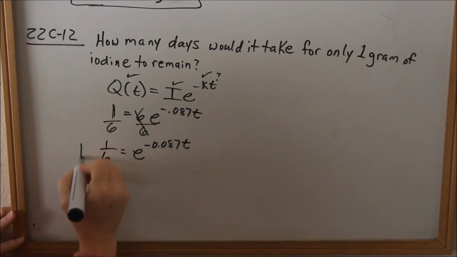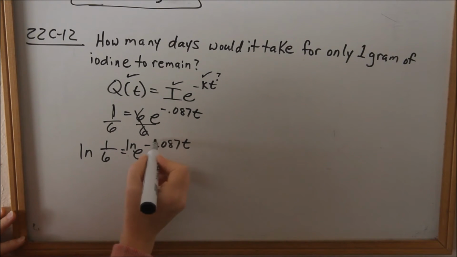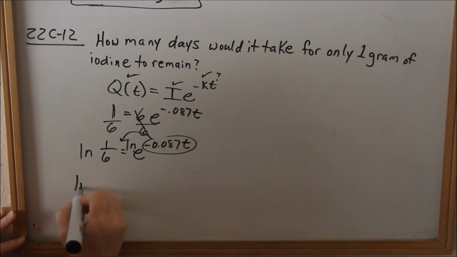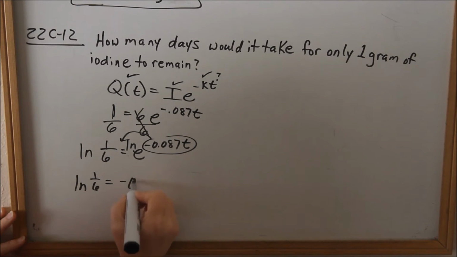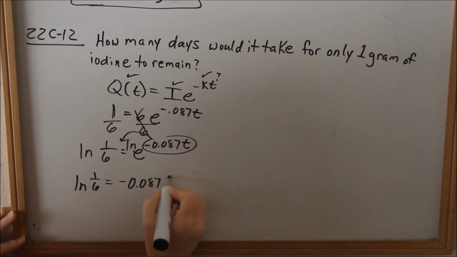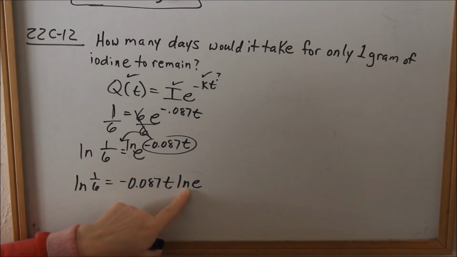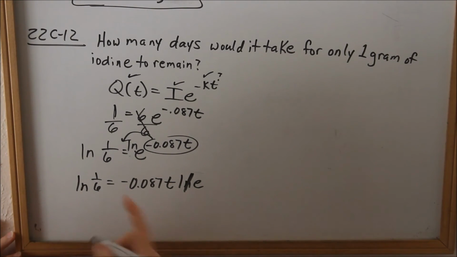Now I'm going to take the natural log of both sides. Law of logs says I can take my exponents and bring them down in front. So I have natural log of 1/6 equals negative, don't lose your negative, 0.087 t natural log of e. What is natural log of e? Natural log of e is 1, so that basically becomes a 1. Anything times 1 is itself.